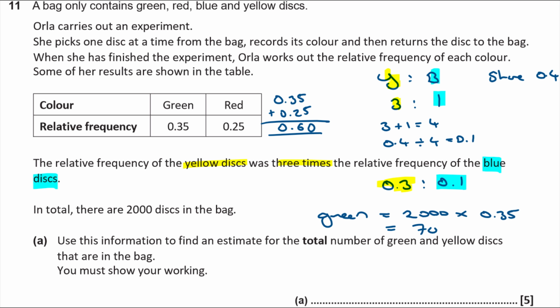So it's going to be 700 green discs, and then yellow discs. I just worked out the relative frequency was 0.3. So it's going to be 2,000 times 0.3. That's going to be another 600 discs. So altogether, the total number of green and yellow discs is going to be 700 plus 600, which is 1,300.